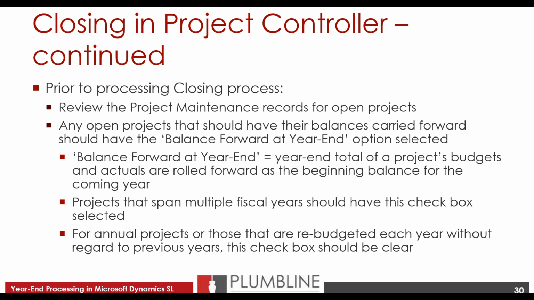If you have projects that span multiple fiscal years, you should have this checkbox selected so that the year-end balance is rolled forward to the next year. Now, for annual projects, or those that are budgeted each year without regard to your previous years, this checkbox should be clear. And in that scenario, the beginning balance is set to 0 for the next year.